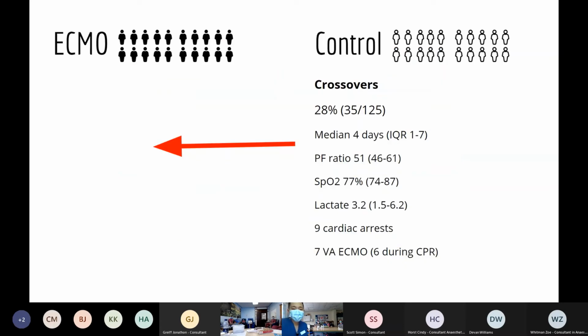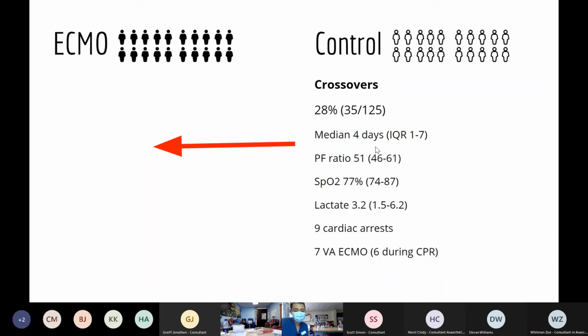Now, looking specifically at patients who crossed over, 125 patients were randomized to the control group, and out of them, 28% had to cross over to the ECMO group, and that's quite a large number. The median number of days after randomization where the crossover occurred was 4 days.